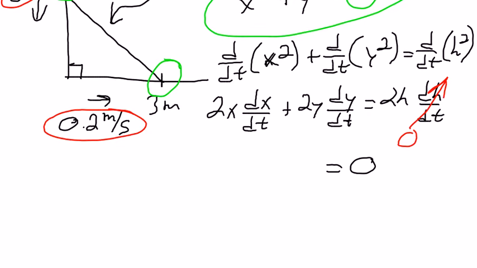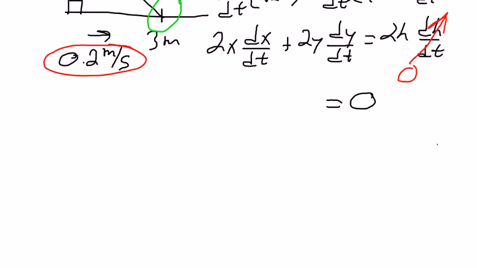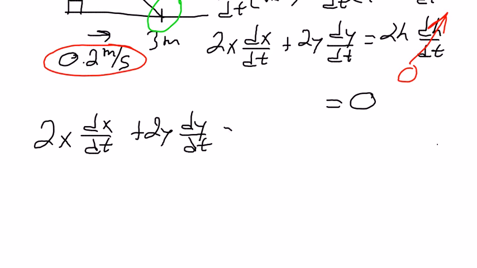So the whole thing is going to be equal to 0. What we need to do is solve for where the ladder is going to be at our y location when the bottom of the ladder is at x equals 3. So what we have now is 2x dx/dt plus 2y dy/dt equals 0.